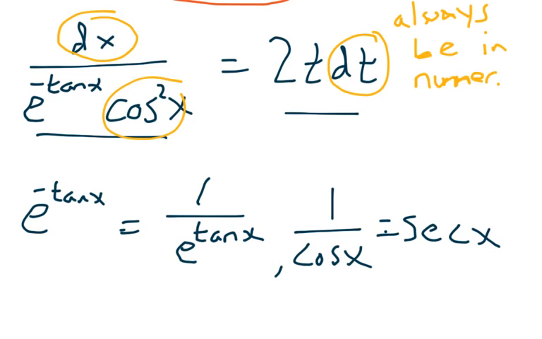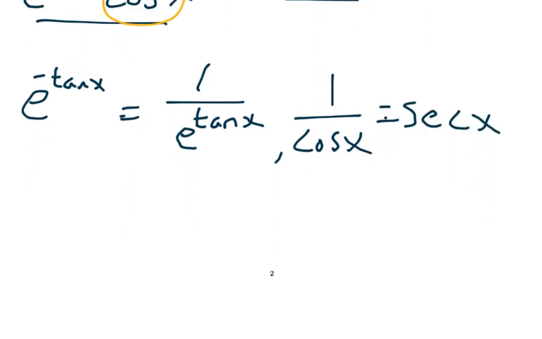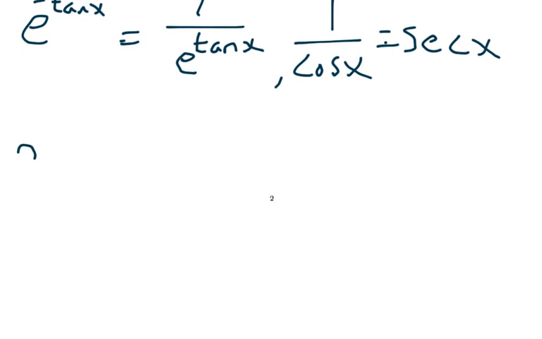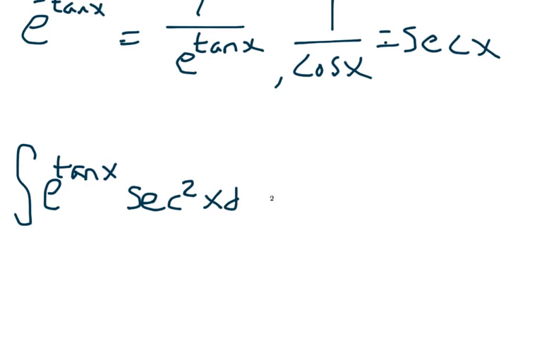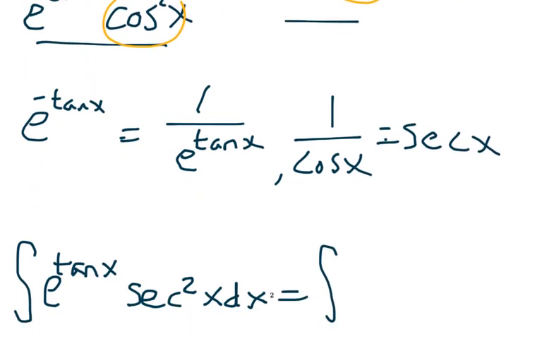So what I really have on the right hand side is e to the tangent x times secant squared x dx. Our right hand side is e to the tangent x, because we had 1 over e to the minus tangent x, and we had 1 over cosine squared, so that's secant squared x dx is equal to, and the left hand side, we just had 2t dt.